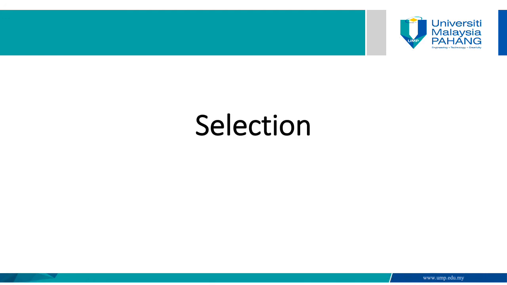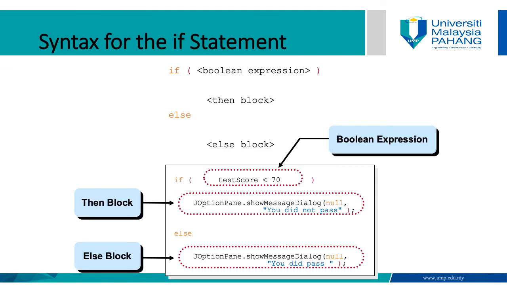So moving on to selection. Okay, so actually selection is about the syntax in Java programming in OOP. Let's see. So now we're going to talk about the syntax of the if statement. So how are you going to use an if statement in object-oriented programming?